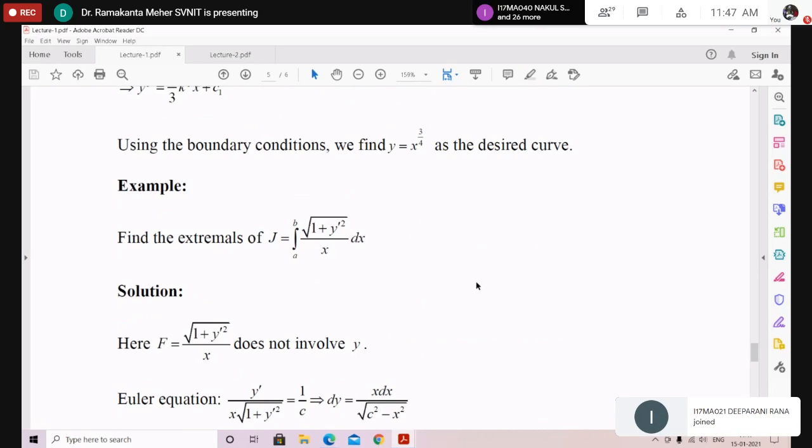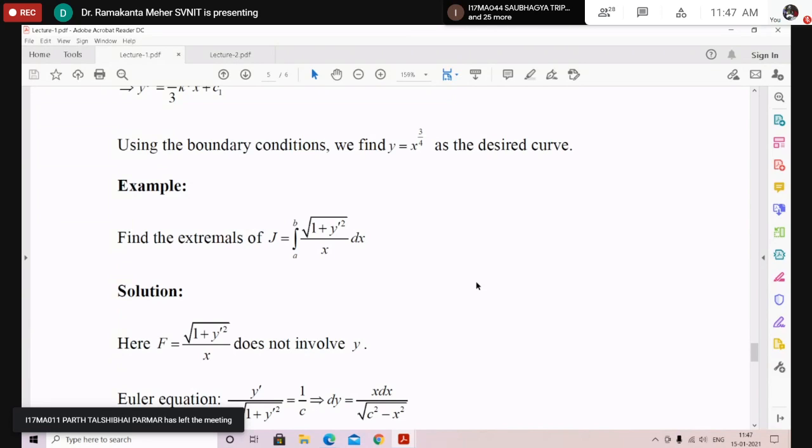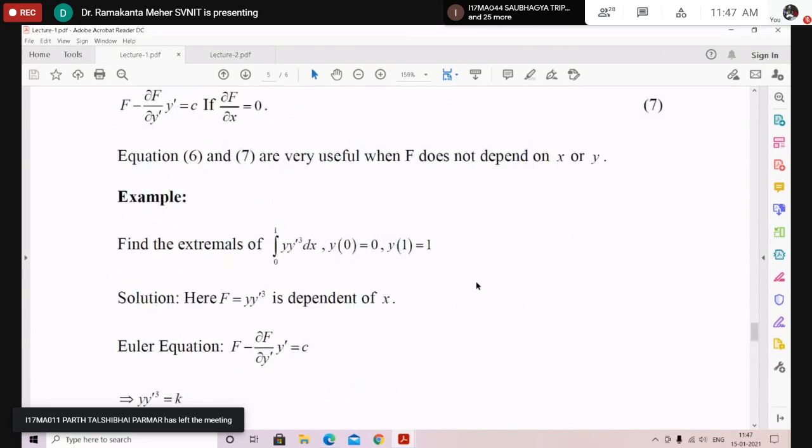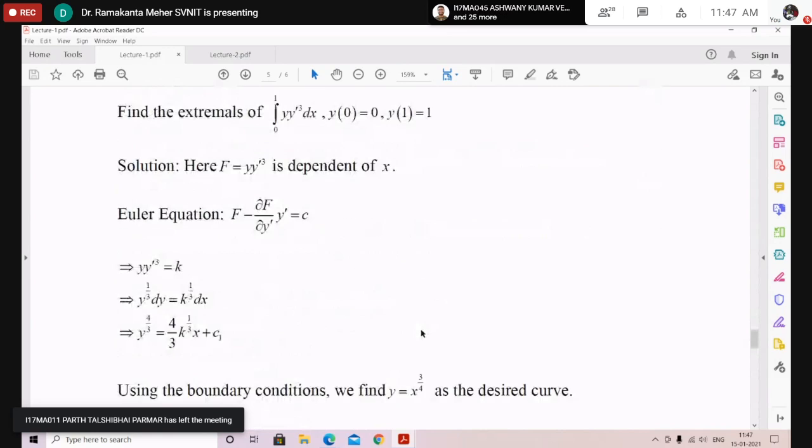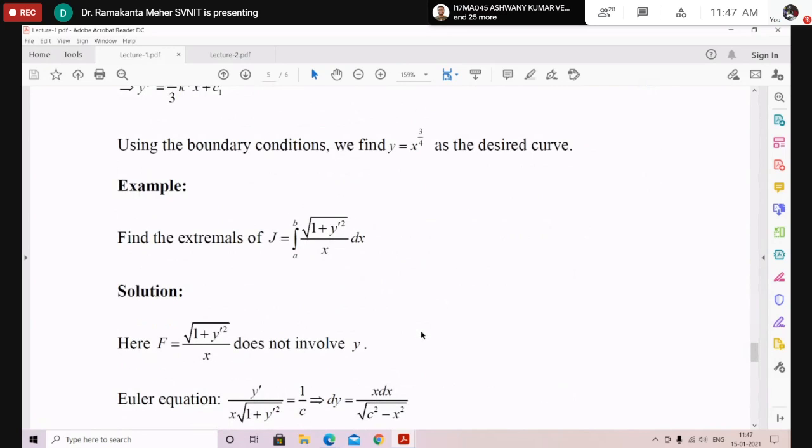So first we check whether the function f is independent of x or y. If it is independent of either x or y, then you can use formula 6 or 7, so that we can get the Euler equation, or the associated differential equation, easily. Here you can see this is the value of f, and this function f is independent of y.